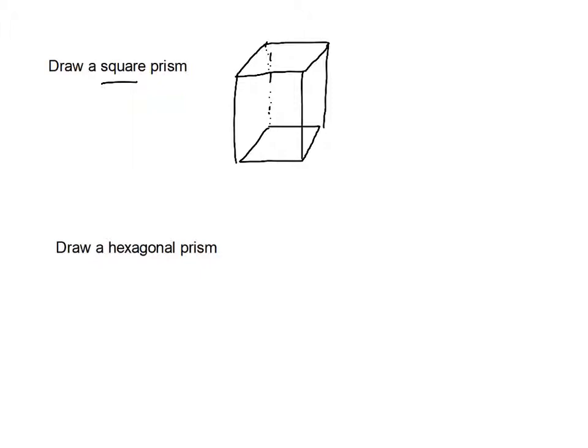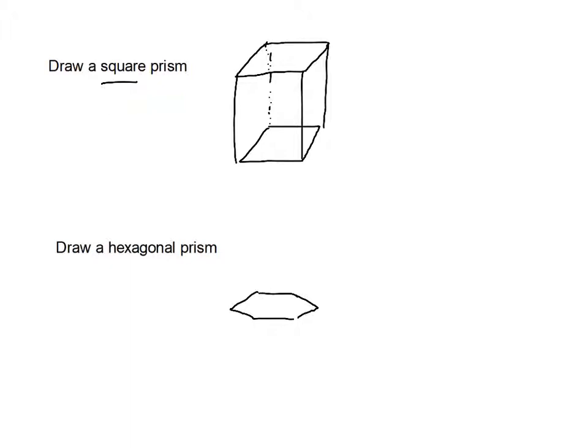Okay, a hexagonal prism. Now, in the last chapter, I really emphasized that you should draw your hexagon so it really looks like a regular hexagon. But when you're drawing three-dimensionally, you kind of want to skew that again. You want to tilt it and slant it, maybe make it a little skinnier. So here's typically what my regular hexagonal prism looks like.